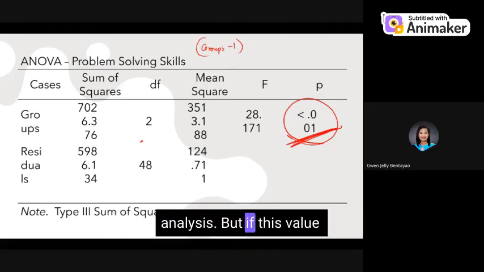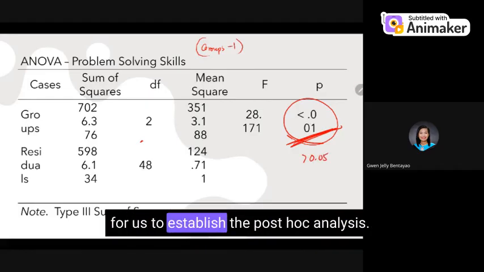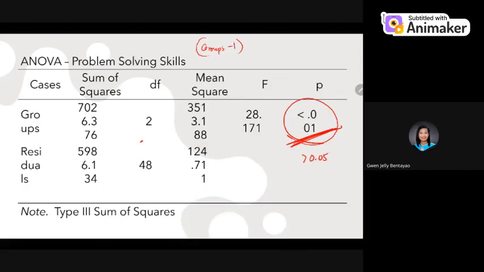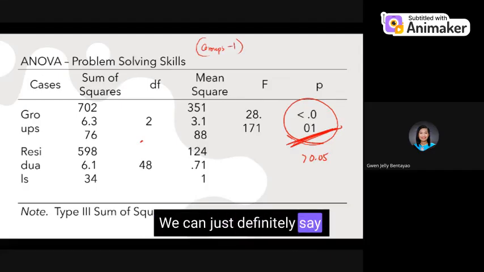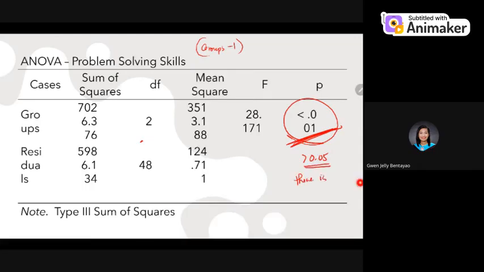But if this value is greater than 0.05, then there is no need for us to establish the post-hoc analysis. We can just definitely say with this value, there is no significant difference.